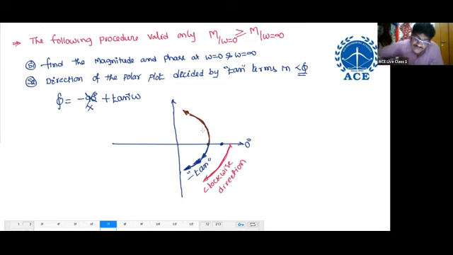This is a positive tan term. So positive tan is anti-clockwise, negative tan is clockwise. Remember, you just have to identify which terms dominate, negative tan or positive tan.